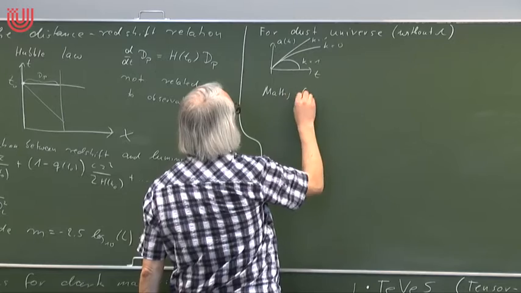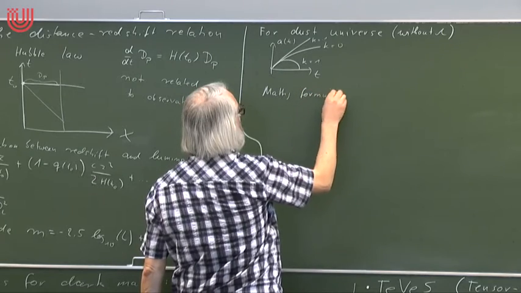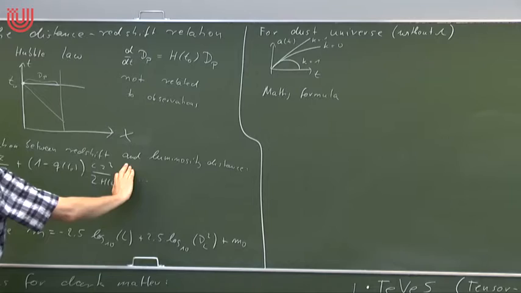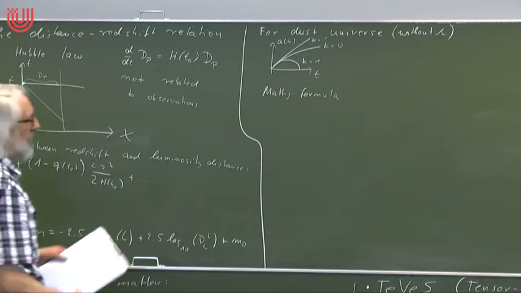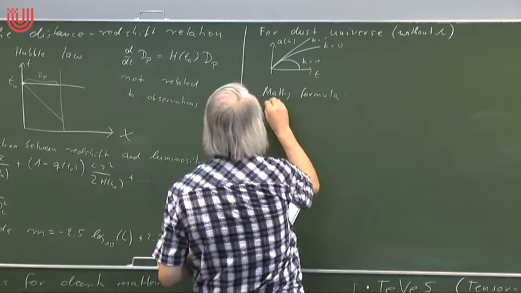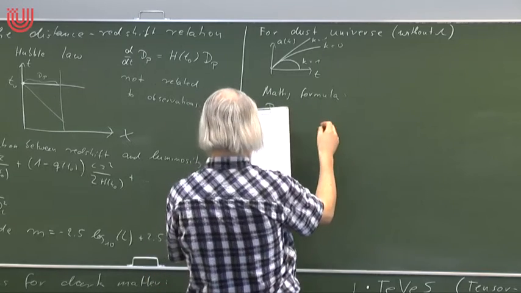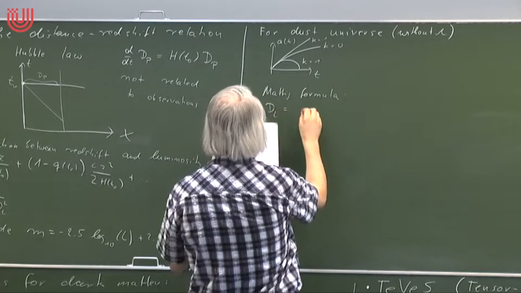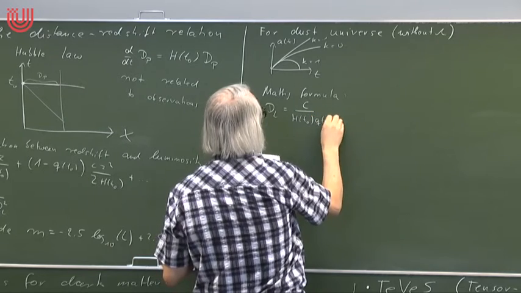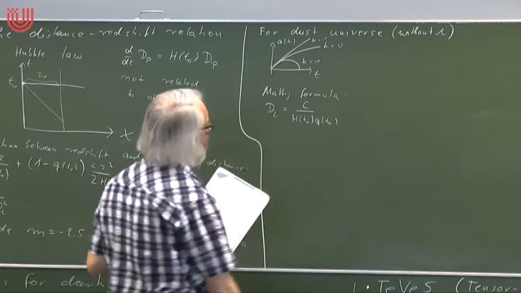So we can write them exactly, not just up to a certain order, not just the Taylor expansion, which has been broken off here, but exact, up to arbitrary order. We have this equation, dl is c over h of t0, and it's an equation in terms of the h of t0 and the q of t0.